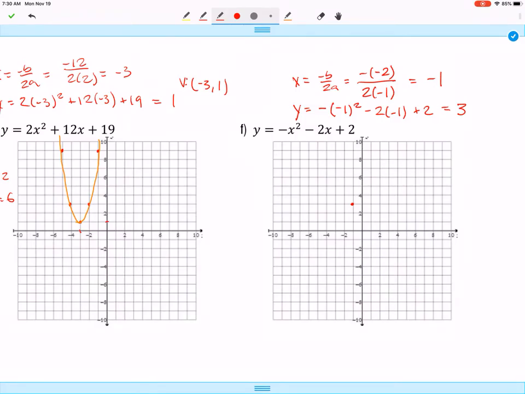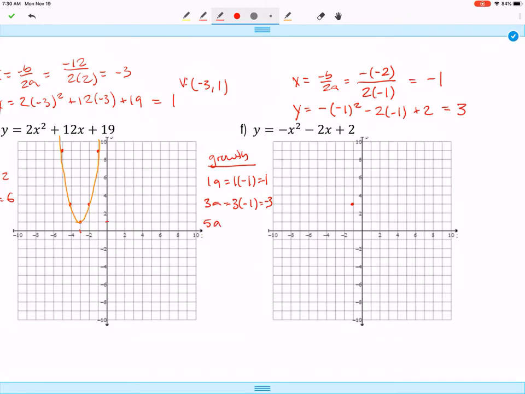Now we're going to do our growth. We'll do 1a and 3a. That gives us 1 times a negative 1, and then 3 times a negative 1 is negative 3. And we could probably even do another one.